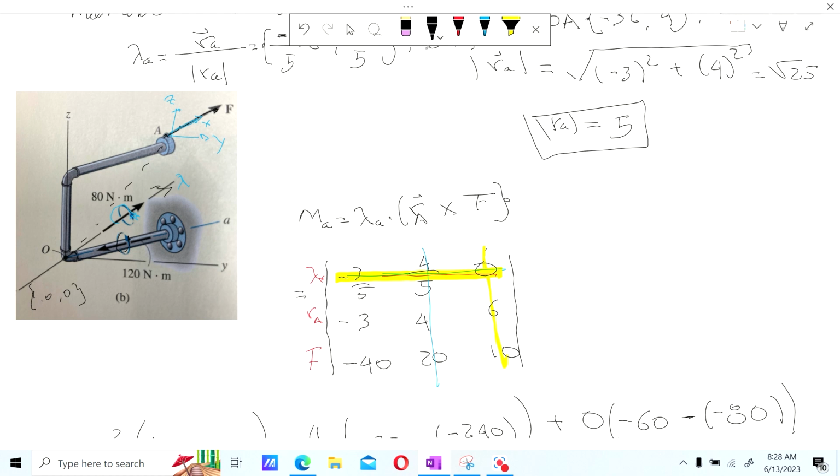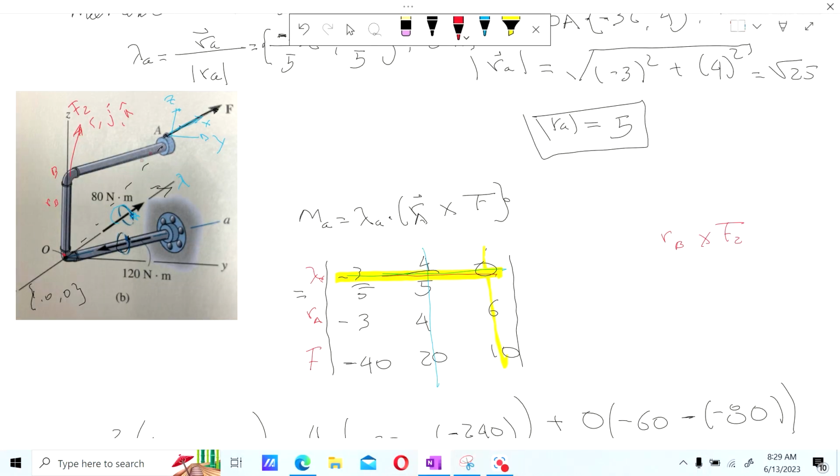All right. So if later on they ask you for another force right here, you know, they give you the components in I, J, and K, it will be the same thing. You find, and this is point B, for instance, you find the distance from O to B, RB, and this is force 2. So it's basically RB cross F2. This right here will be RB, the distance from origin to the point B cross F2.